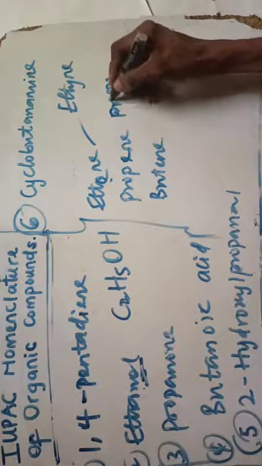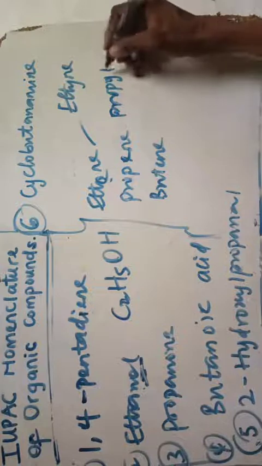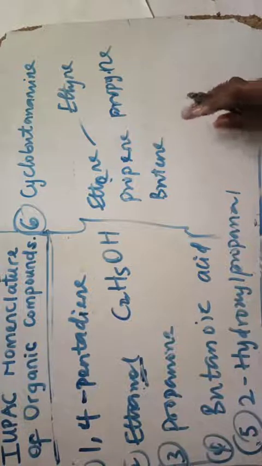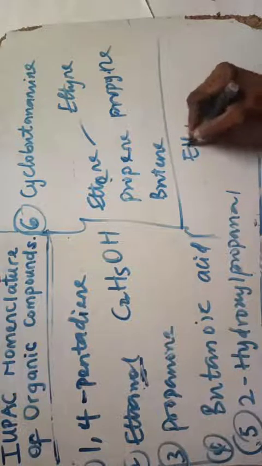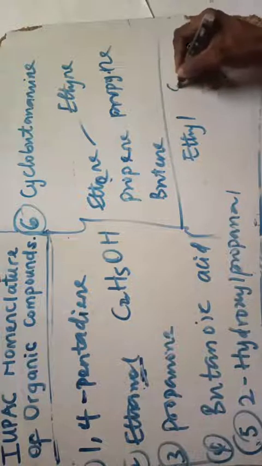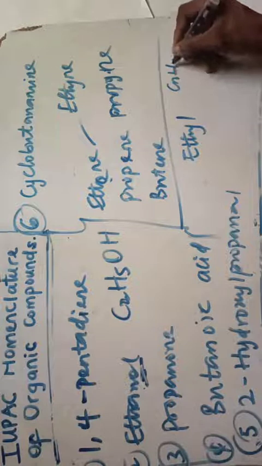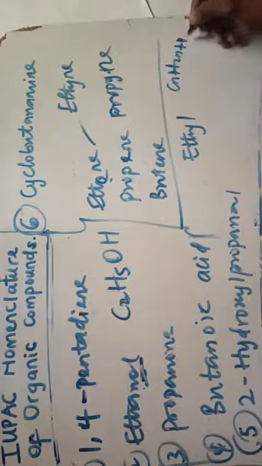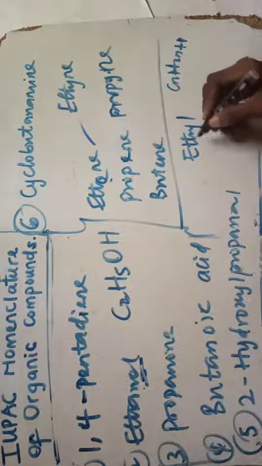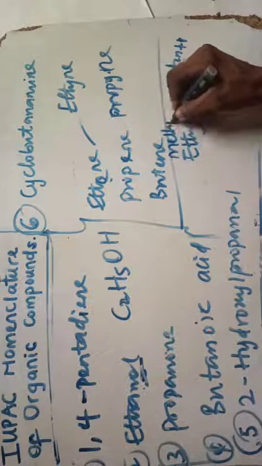Now you also have your propyl, and you have your ethyl. This is from the formula CnH2n+1, and you have your ethyl and your methyl.